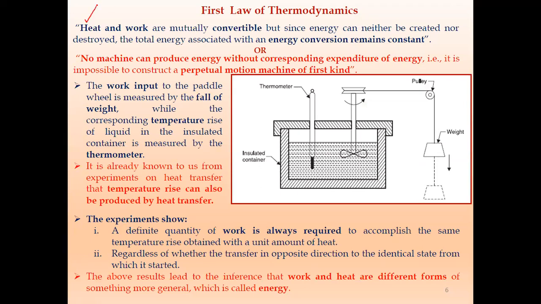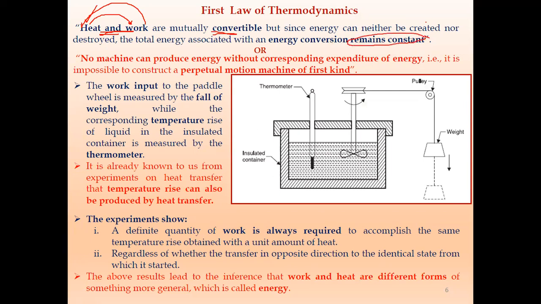Again, we can say that heat and work are mutually convertible. We can convert heat into work or we can convert work into heat. But since energy can neither be created nor destroyed, the total energy associated with this energy conversion remains constant.